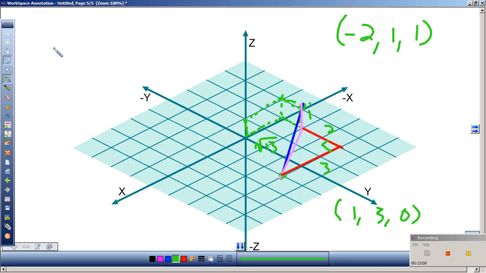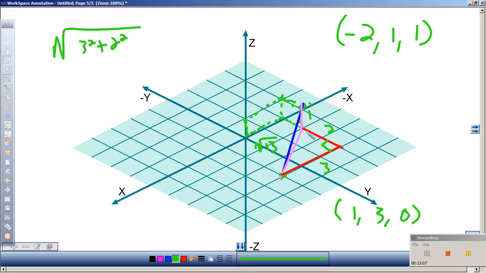So first we did the square root of 3 squared plus 2 squared, right? That's where we got 13. How did I get this for this triangle right here? The blue part, yeah. That's our final distance.